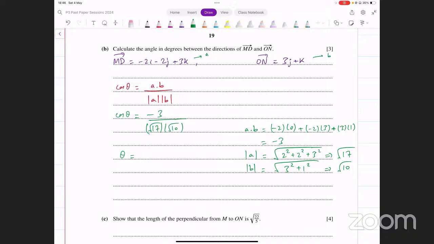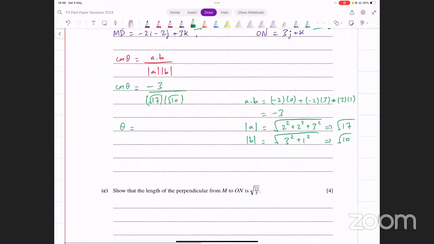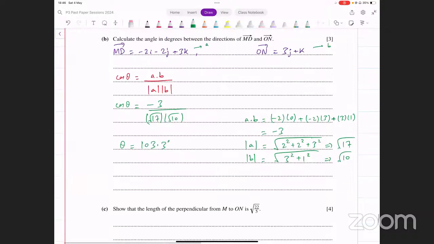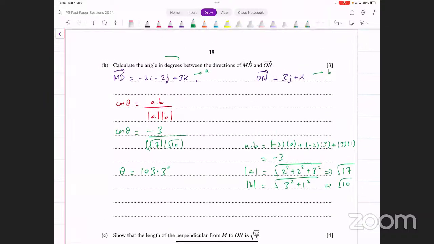Minus 3 divided by under root 17 multiplied by under root 10. And this gives us minus 0.23 something. Cos inverse of that gives me 103.3 degrees. Make sure your calculator is in degrees mode here because the question requires your answer to be in degrees. Again, that's your final answer.